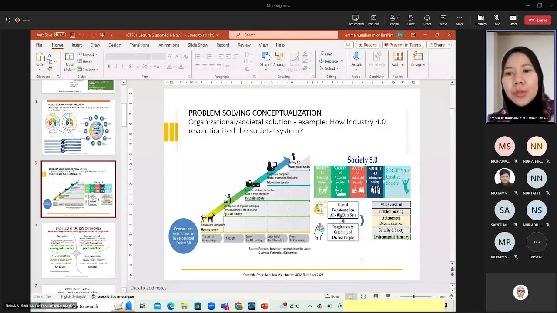Okay, so Society 4.0 is talking about the information society because at that point of time the internet is at its highest peak. Okay, kita guna internet for a lot of information activities, but now when we are already established and with all this social media, okay, how people utilize it to the max. Okay, so Twitter pun dah tukar, di rebrand as X, yeah.